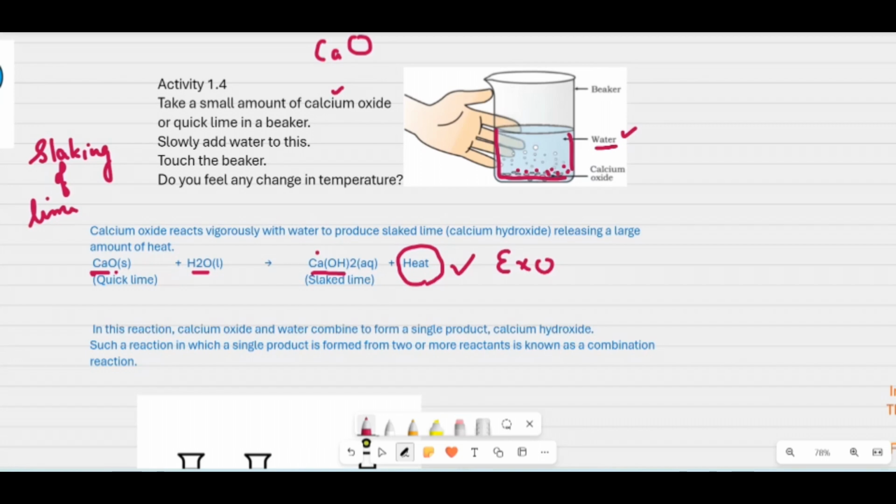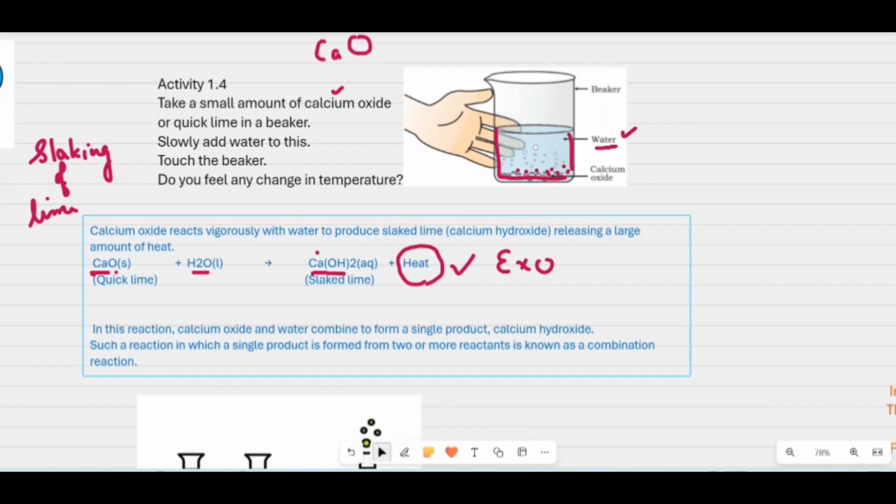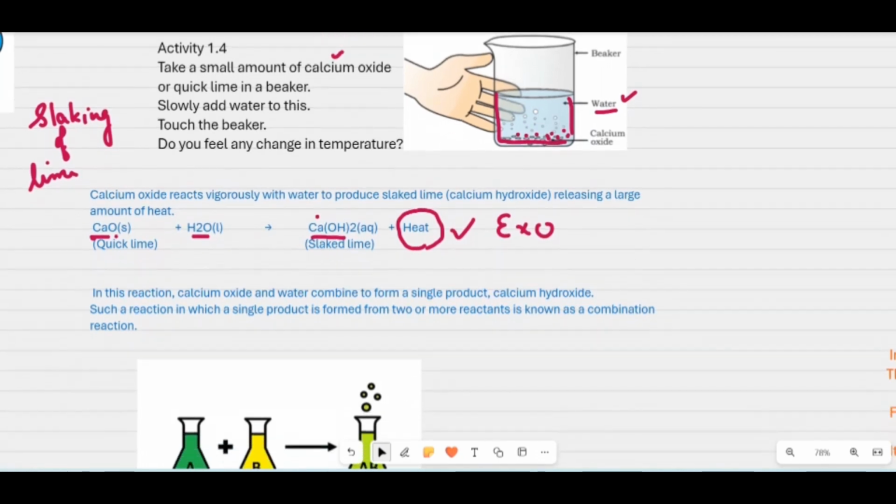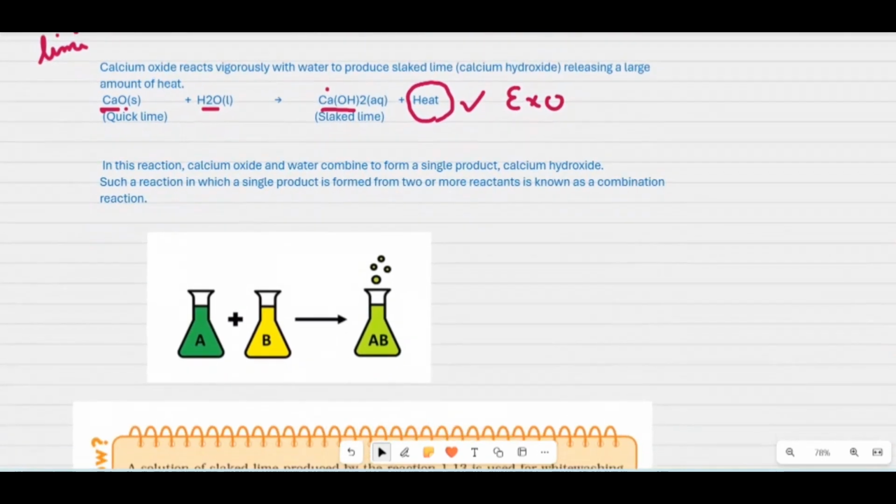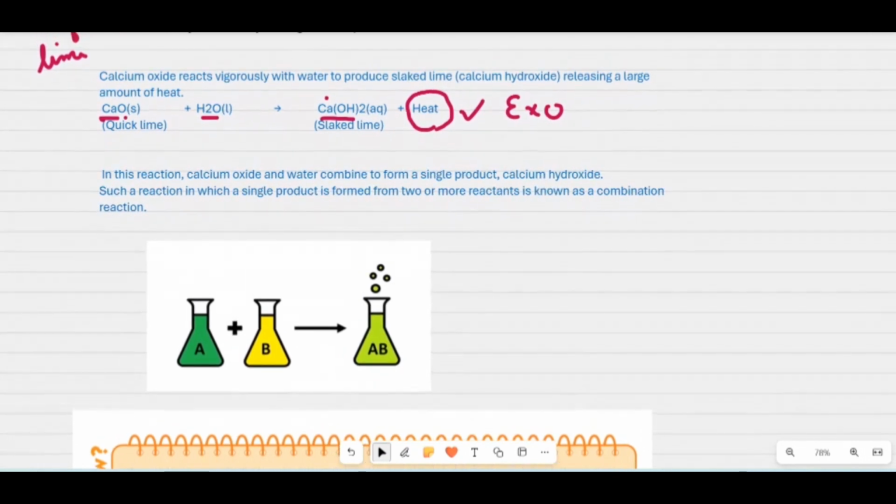When you observe this reaction, you can understand that a single product is formed when two reactants react together. Calcium oxide and water combine to give a single product. This type of reaction we say is a combination reaction. So what are combination reactions?